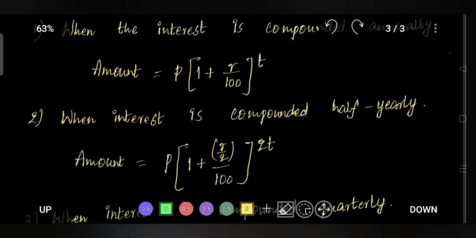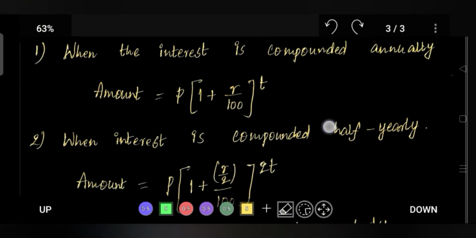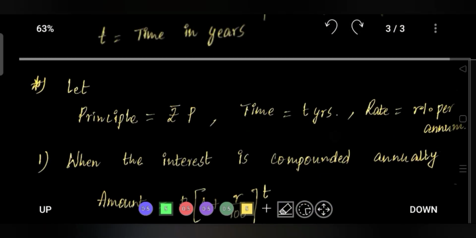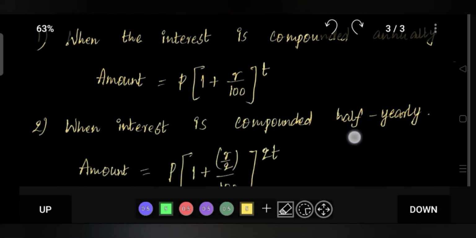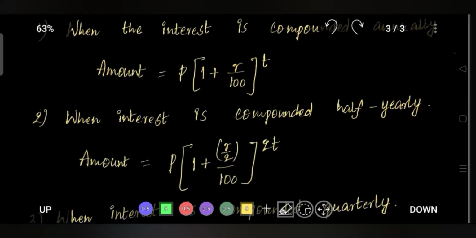The next point is when interest is compounded half yearly. Half yearly means the rent for the money is R rupees per 100 per annum. If I want to compound the interest half yearly, that means every 6 months once, I should pay half the rent.